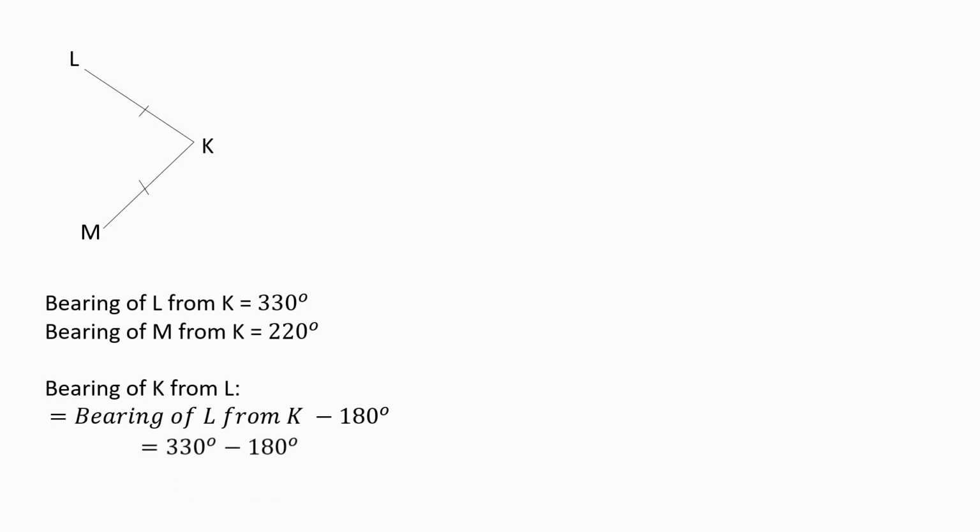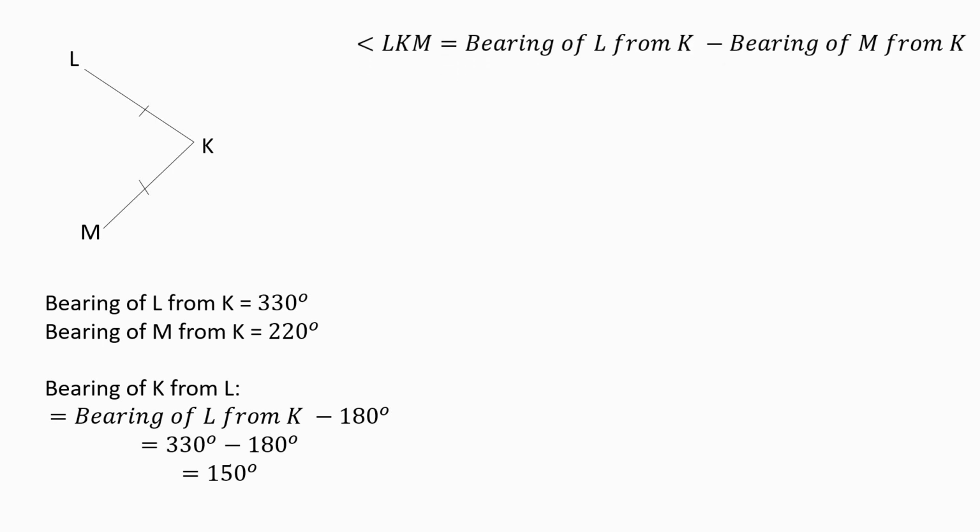So we have 330 degrees minus 180 degrees, giving us 150 degrees. Then we need to obtain angle LKM, which will be the bearing of L from K minus the bearing of M from K. So the difference gives us the angle LKM. Substituting the figures, we have 330 degrees minus 220 degrees, giving us 110 degrees.